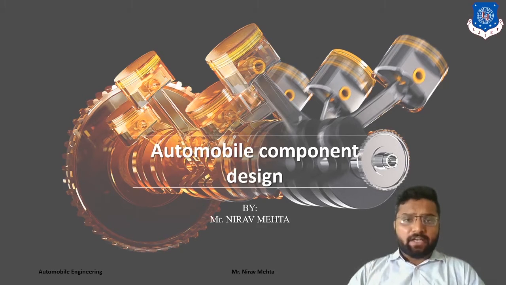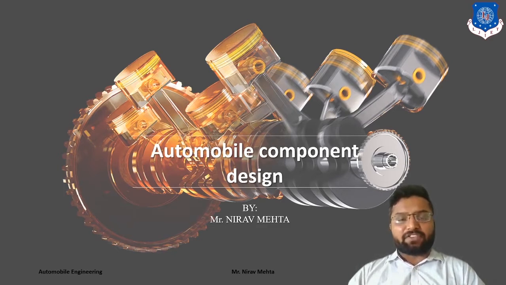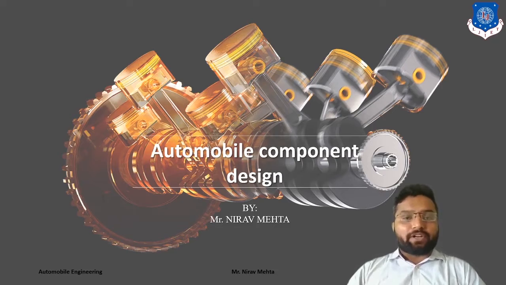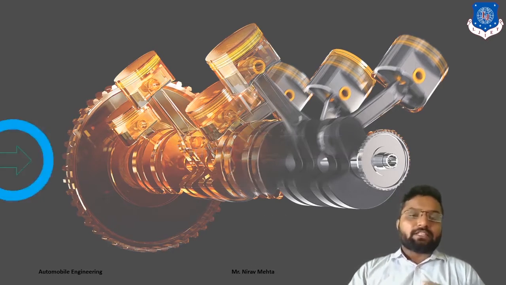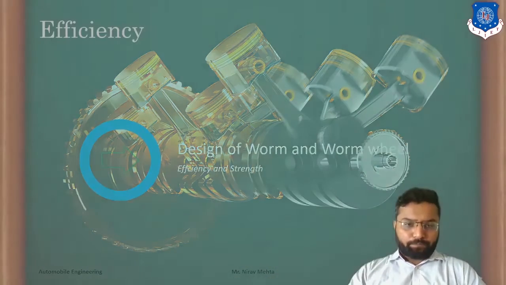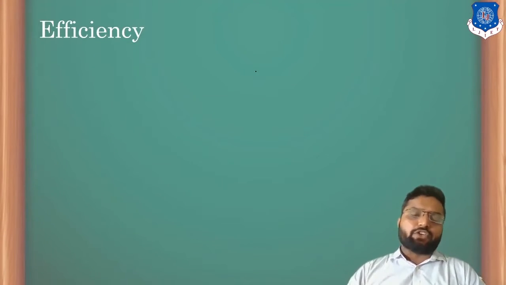Why this efficiency? Because, as you know, worm and worm wheel transfer a higher velocity ratio, so it comes under higher power transmission as well as heat efficiency. You have to derive this efficiency equation to find out what efficiency is required to transfer this power. Okay, I hope you understand this. Let's move on to the equation.